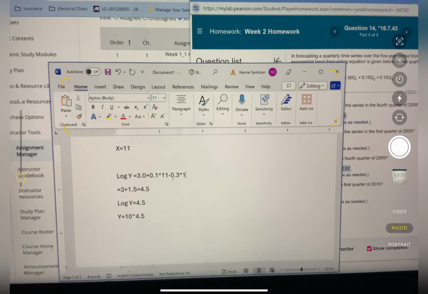So this is going to be equal to 3.8, and this time we're going to raise 10 to the power 3.8.